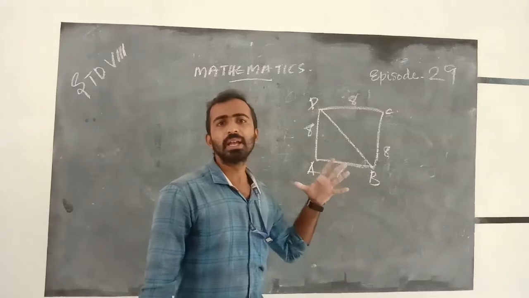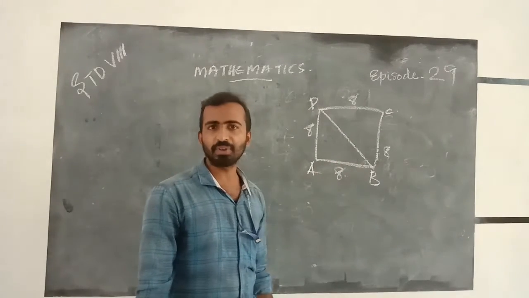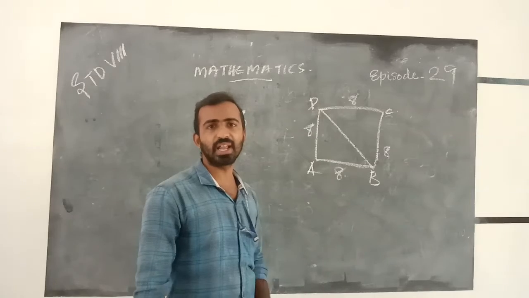We want to find the length of the diagonal of a square whose side is 8 centimeters.